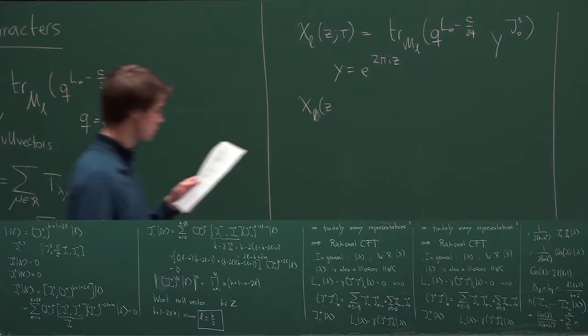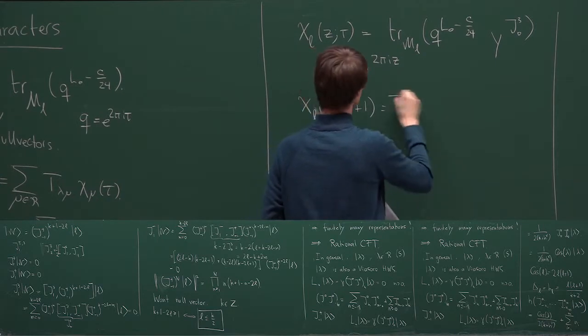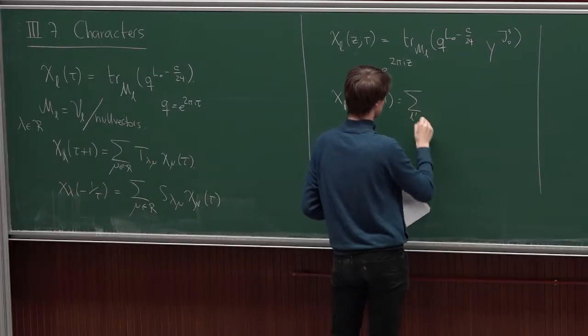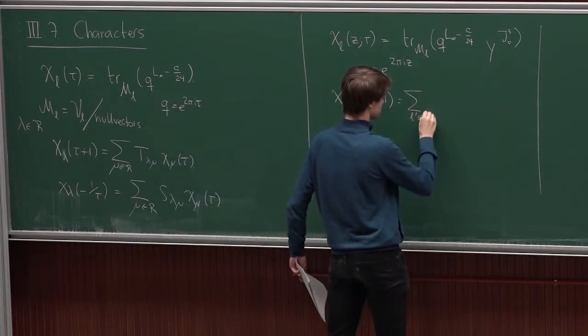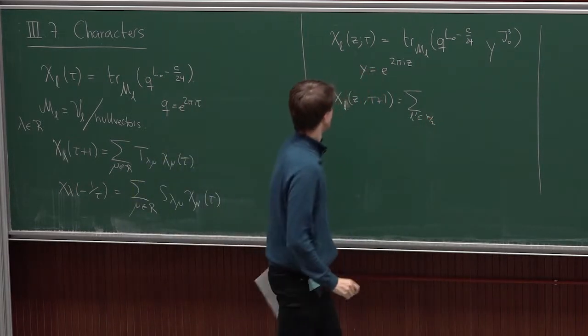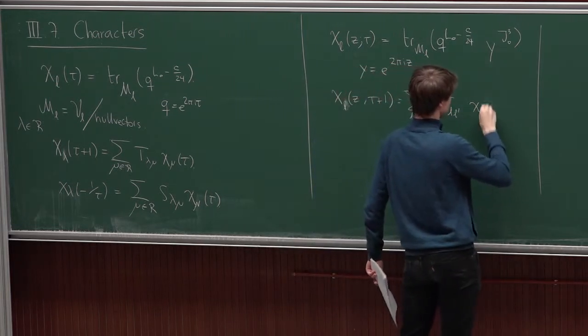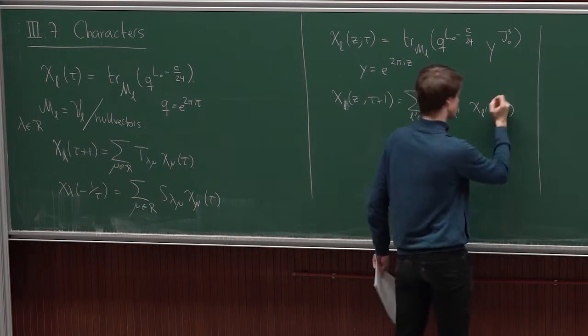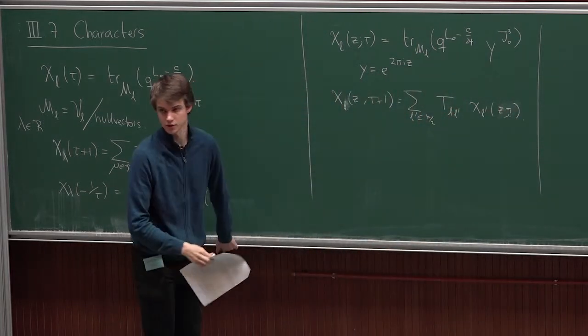Good, so we still have some nice transformation properties. Now we run over L prime here, which was bounded by k over 2. And we get back this T matrix, and there's z and tau. So nothing changes with T.